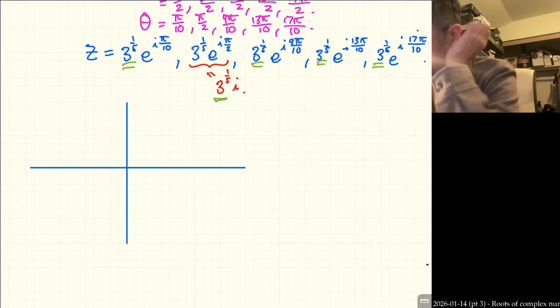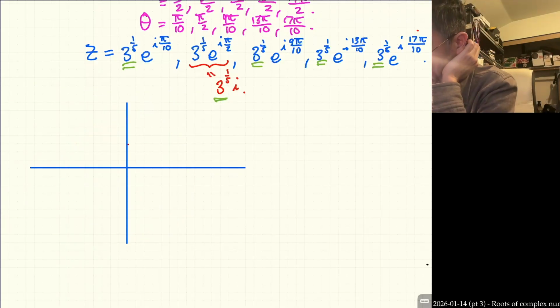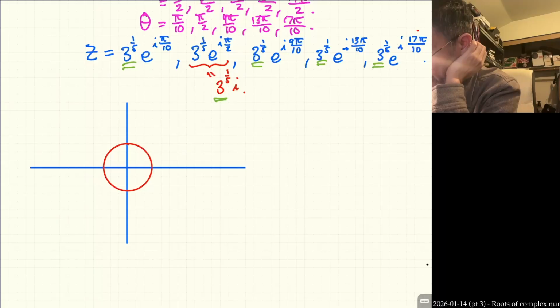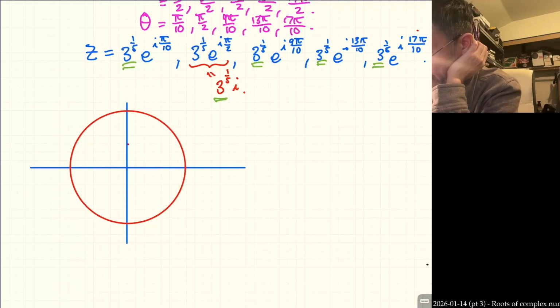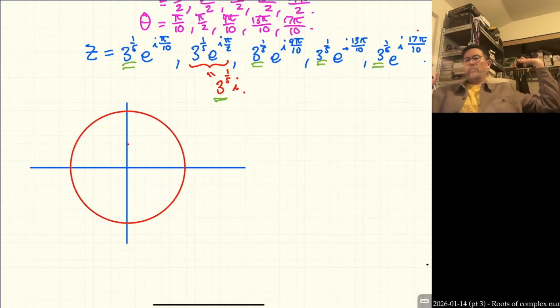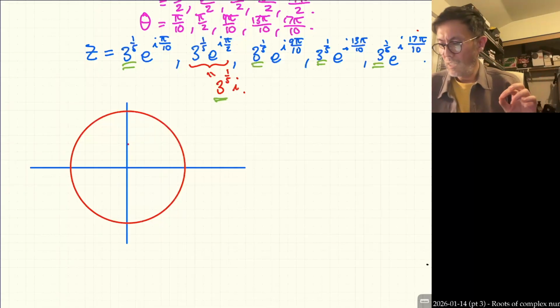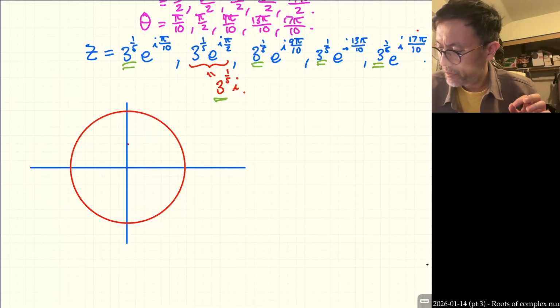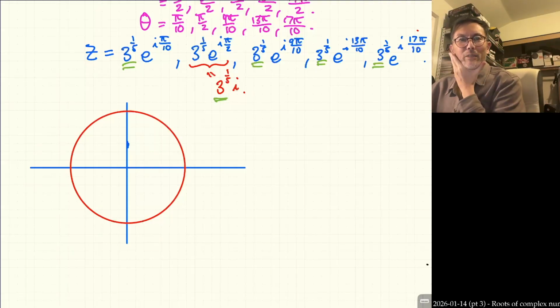Hold on, just bear with me. I wonder if I can do it small first, like this, and then make it bigger. Okay, all right, there we go. There's a circle. Let's make this blue. I don't know why the little red dots appeared there. A little imperfection in my picture here.